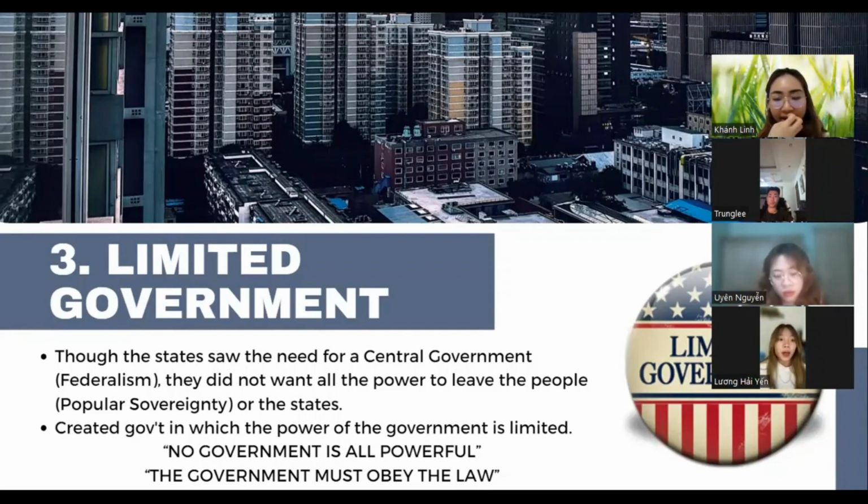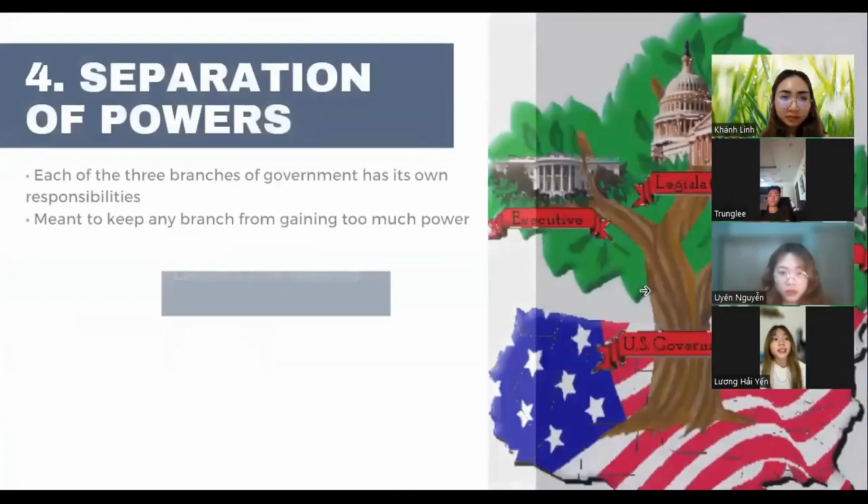The principle holds that no government is all powerful, and government can only do those things the people have given it the power to do. This is the flip side of popular sovereignty: the people are the source of the government's power, and the government only has the authority the people have given it.